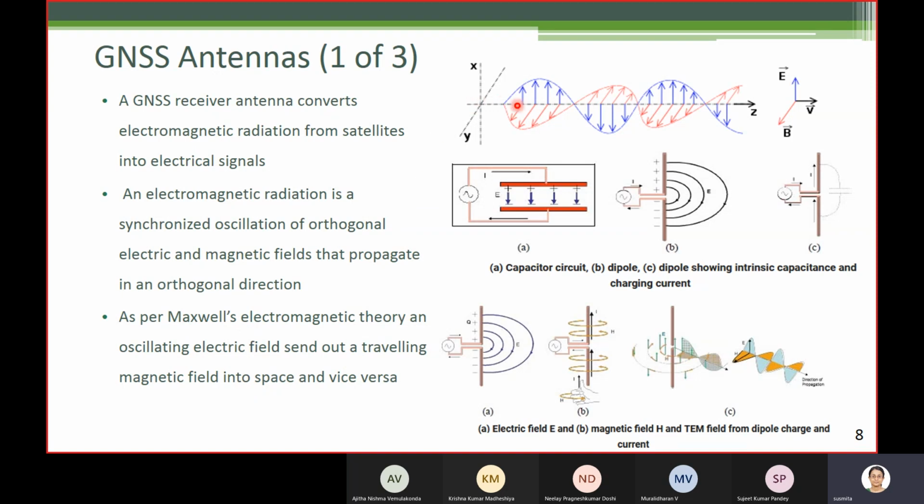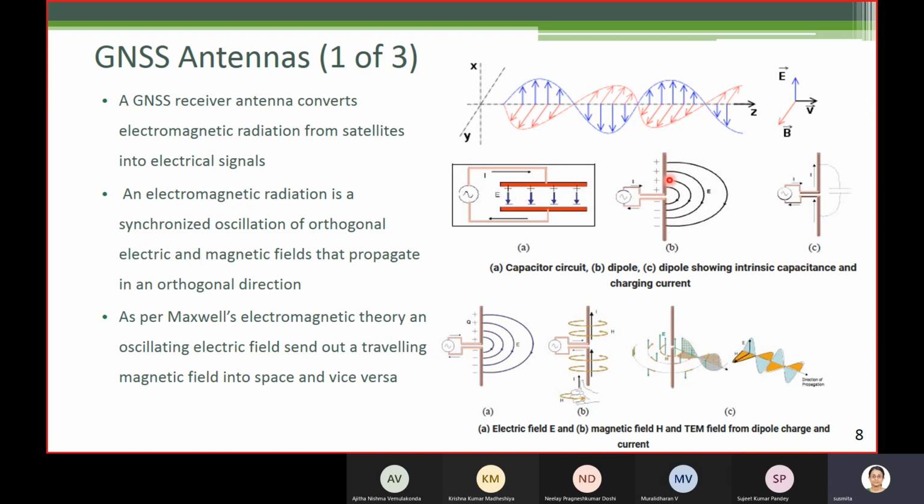And we know that in case of an electromagnetic radiation, we need these traveling waves, electric field and magnetic field, right? But here they should also be synchronized, right? Now this synchronization does not happen immediately in the vicinity of the conductor.